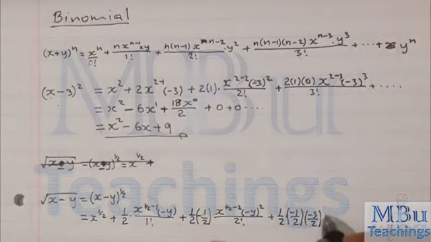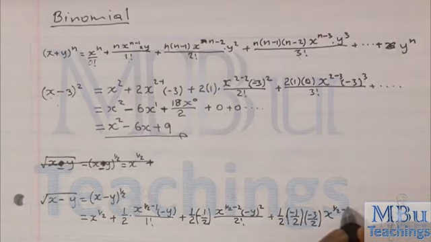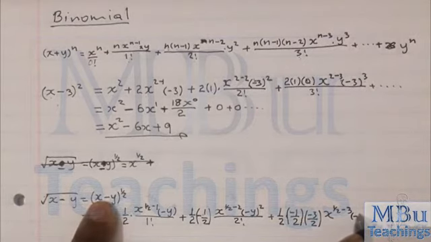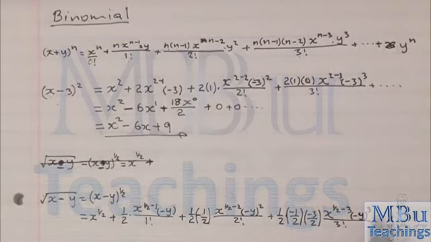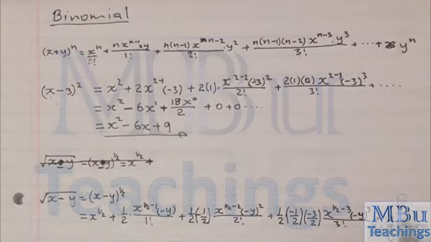Then we put our x raised by half minus 3 into negative y raised by 3, because this is negative 3, so this one is positive 3, divided by 3 factorial, and so on and so on.